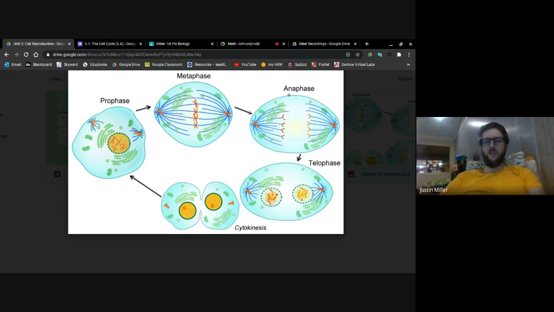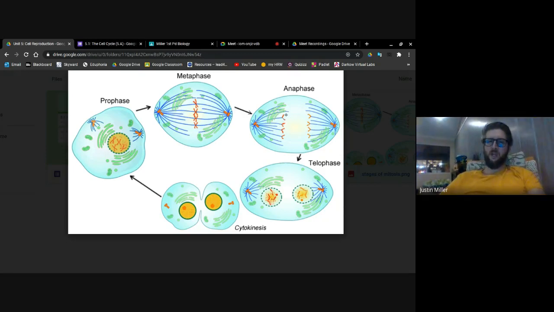Now, in anaphase, after this DNA is all lined up in the middle, these mitotic spindles that formed in the very first stage in prophase and connected to the chromosomes at the centromeres, that's the part in the middle, are going to pull the chromosomes apart.